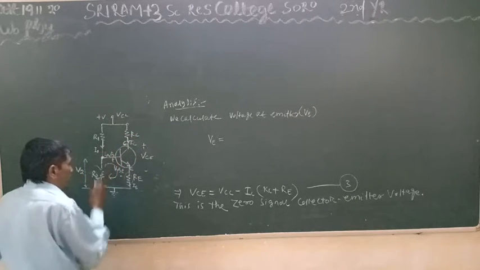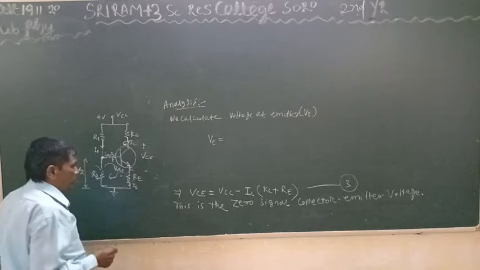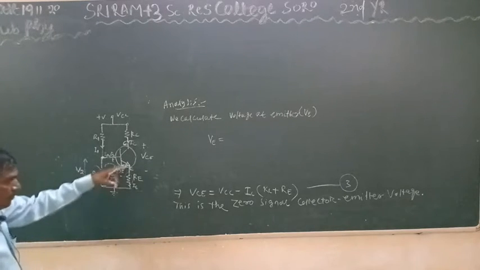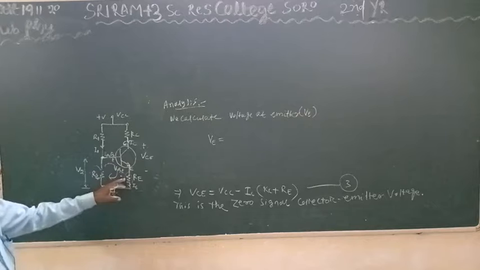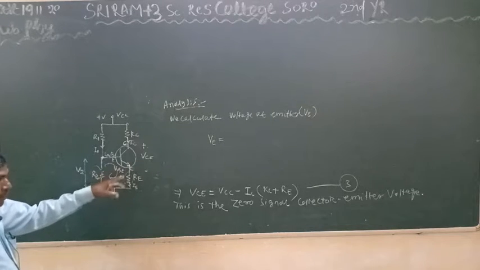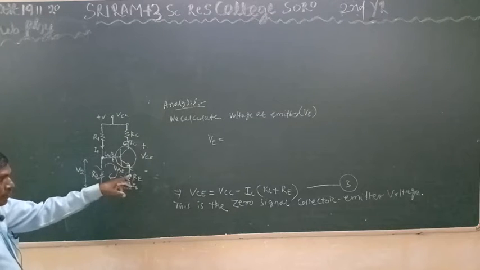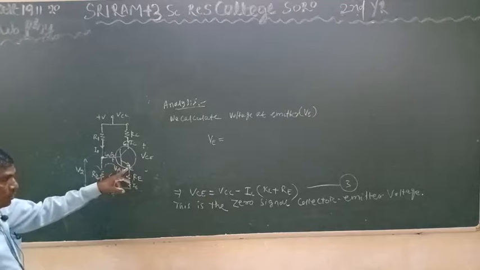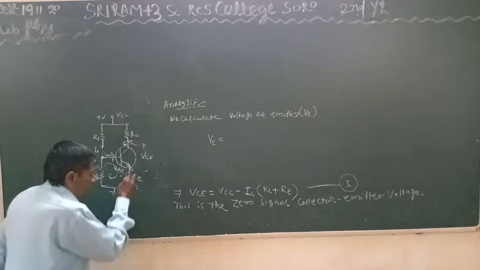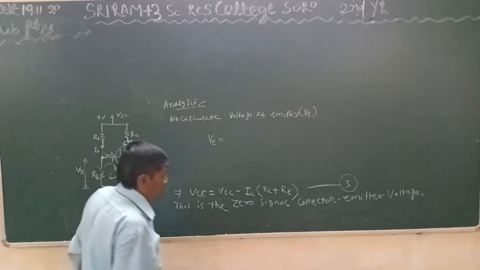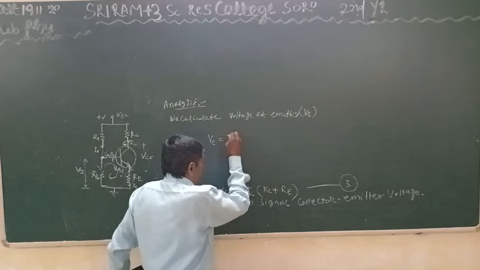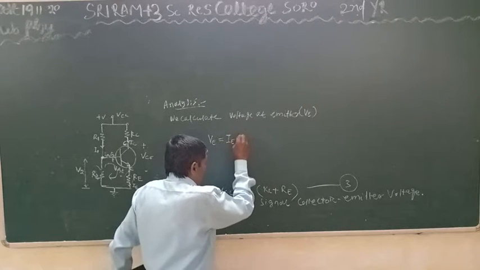This is the base current IB. Here the current flowing in the emitter circuit through the emitter resistor RE gives a drop voltage of IE into RE at the emitter point. So the voltage at the emitter point, VE, equal to IE RE.